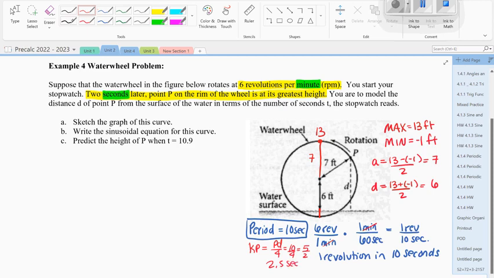So on my graph, when I'm sketching this, we have our maximum, which we said was at 13 feet above water. We have our midline, which is at 6 feet above water, and 1 foot below is the minimum. So on my x-axis, I have my key points. I'm going to write them above so that you don't get mixed up with this minimum.